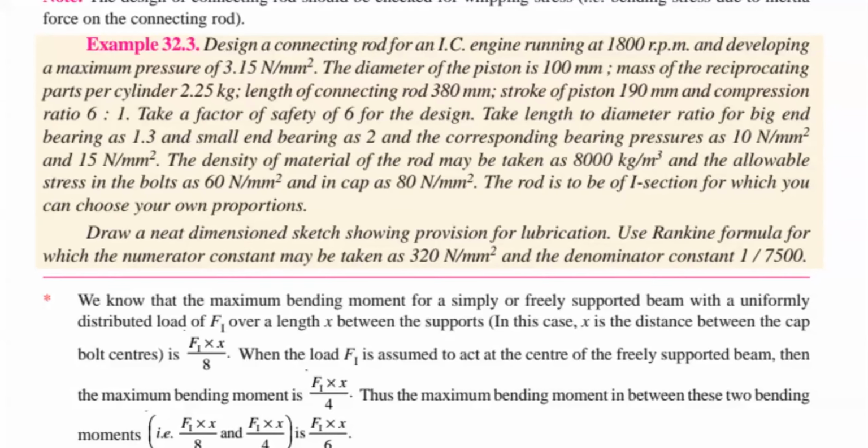Now we directly move on to the problem, because it is a very lengthy problem, so try to understand it step by step. This is the problem available in your textbook, a very interesting and very easy problem.